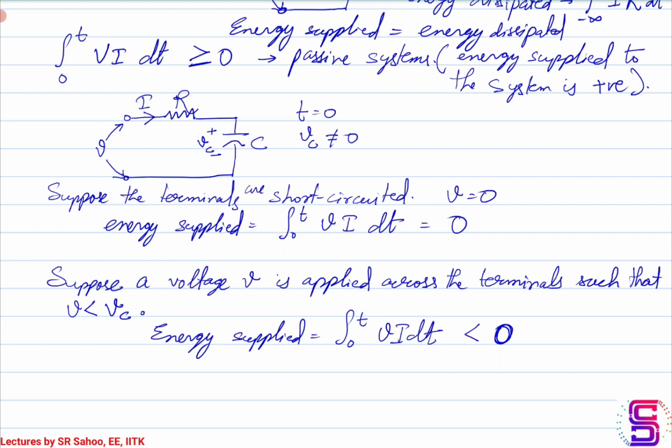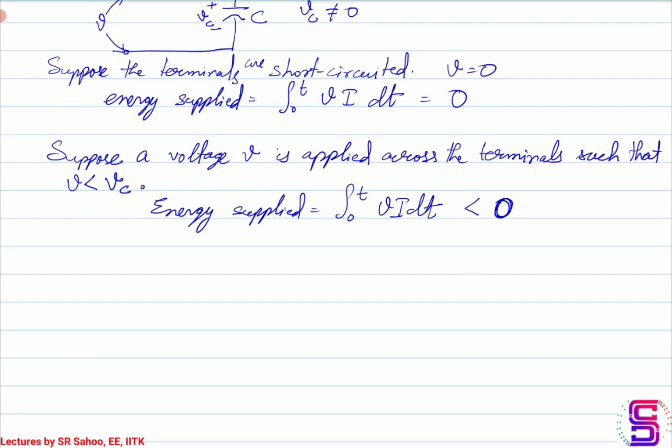So instead of looking for the energy supplied over a particular time interval, for this circuit, if you look at the energy supplied over the entire time interval, from minus infinity to plus infinity, from the past till the end of time, then this is going to be greater than or equal to 0, and this is going to be passive.